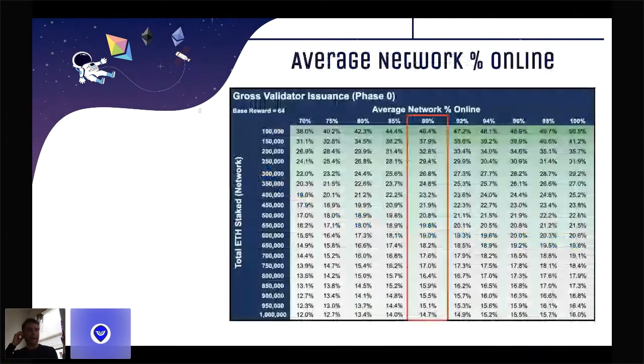Second is average network percent online. I think this is a very interesting design element. It's likened to a collective incentive mechanism: if the network in aggregate is providing more uptime, then everyone participating in that system is also rewarded more.